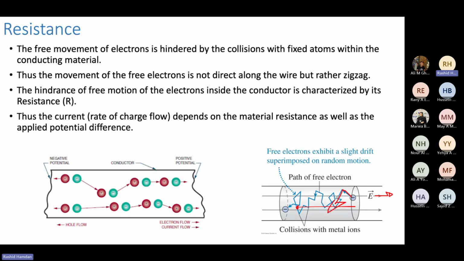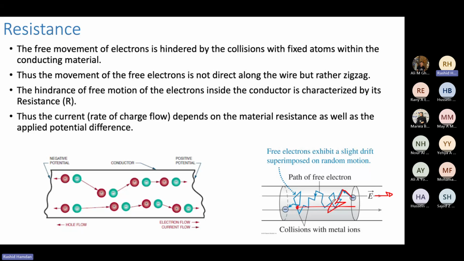The average distance that it moves without hitting something, without changing direction, is called the free path of the electron, and that usually depends on the material.